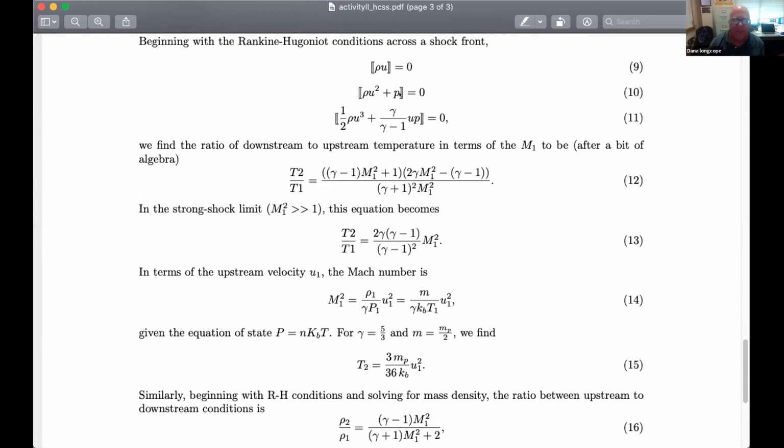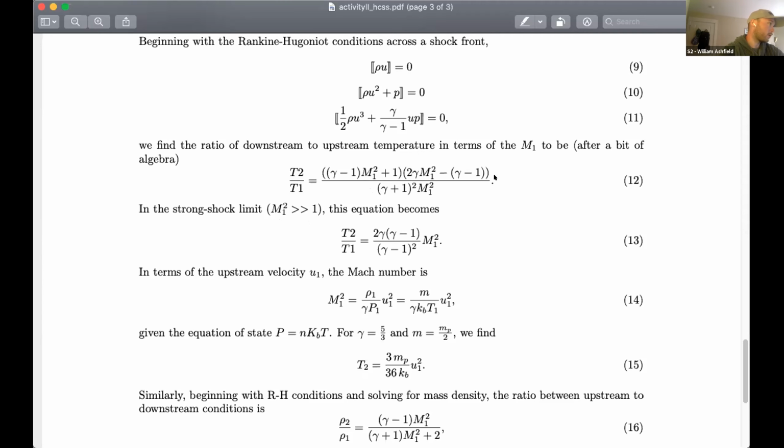So I used the 3 for hydrodynamics, and after a bunch of algebra, you end up at an equation that gives the ratio of the downstream to upstream temperatures T1 in terms of the Mach number, the upstream velocity to the sound speed, and gamma. In the shock limit, the Mach number is much, much greater than 1.